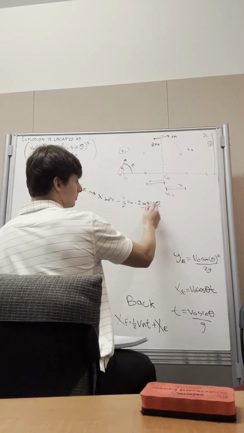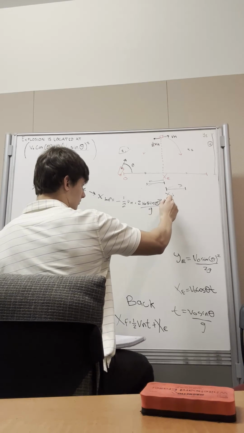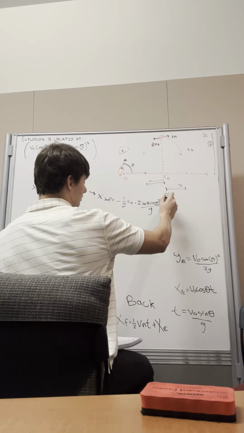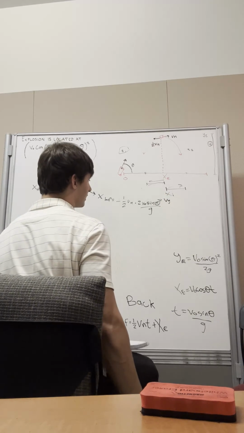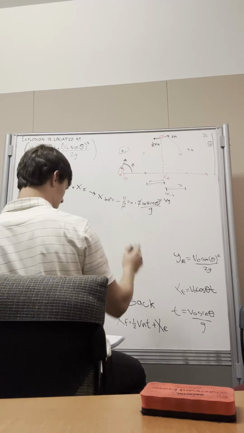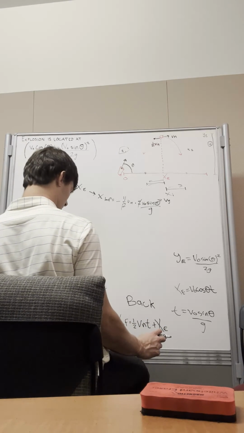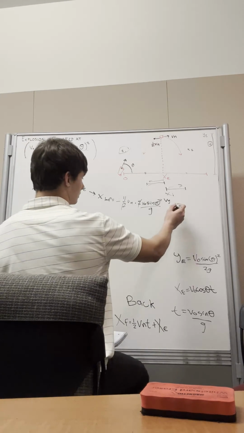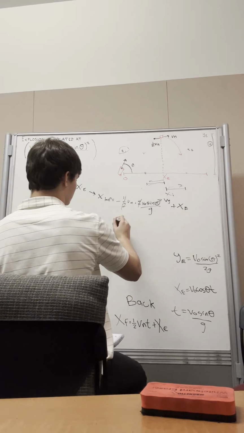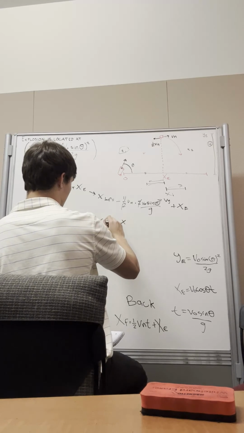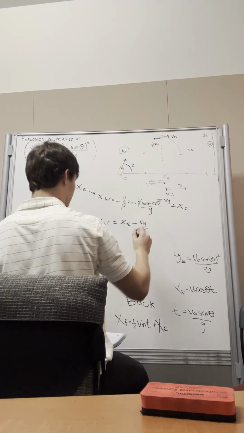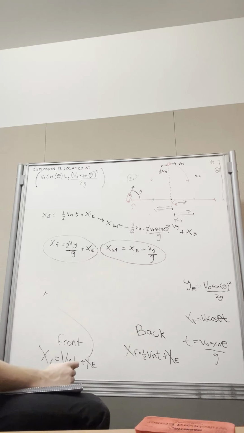So v naught sine of theta, if you remember, is our initial velocity in the y direction. The 1/2 and the 2 cancel, and there's an xe over here, so you're left with xe minus Vy over g.